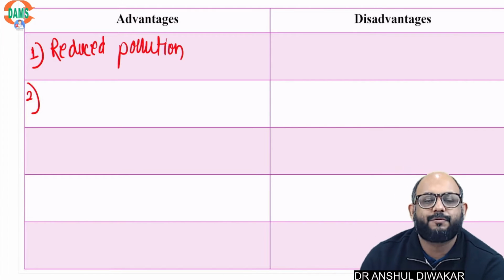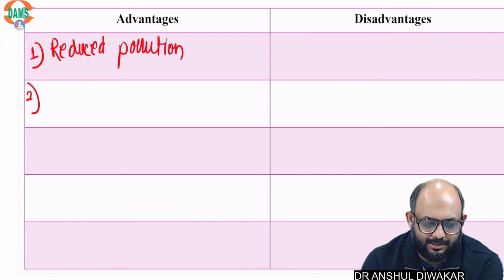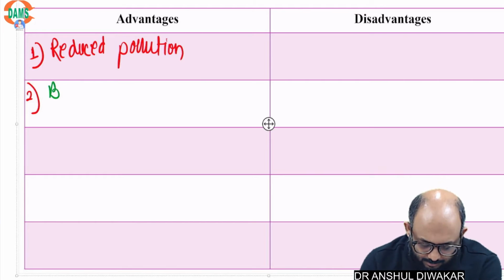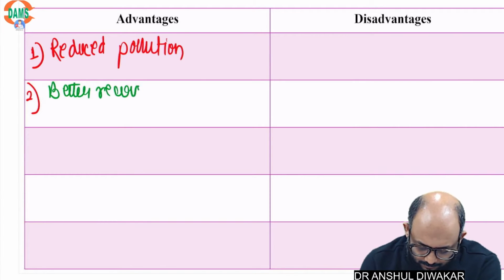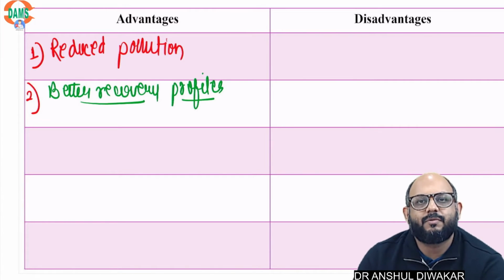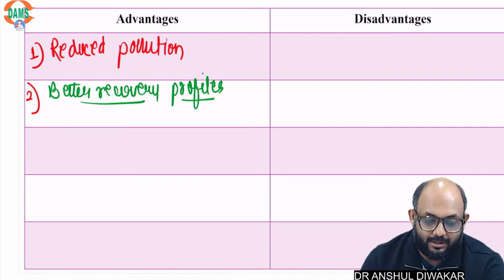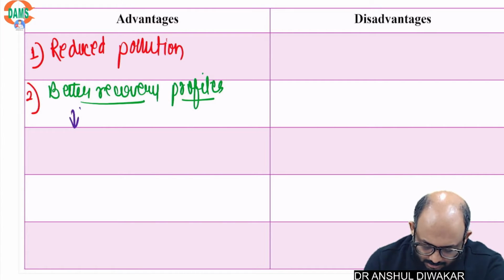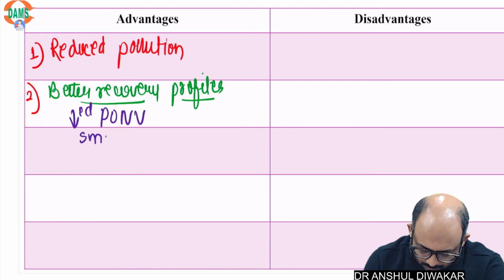So there is a lot of pollution with the use of inhaled anesthetic agents. Better recovery profiles. We know propofol has a very good anti-emetic action. Along with that, it has a very good recovery profile. So there is decreased PONV.